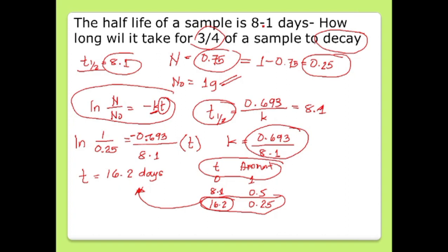Pero ang tinatanong kasi sa atin is how long will it take for 3/4 of a sample to decay? So iba yung word na decay and iba yung word na remains. So dito kayo magkakamali kapag hindi nyo naintindihan gaano yung problem natin. But aside from that, okay naman na madali na lang isolve basta alam nyo yung formula nyo.